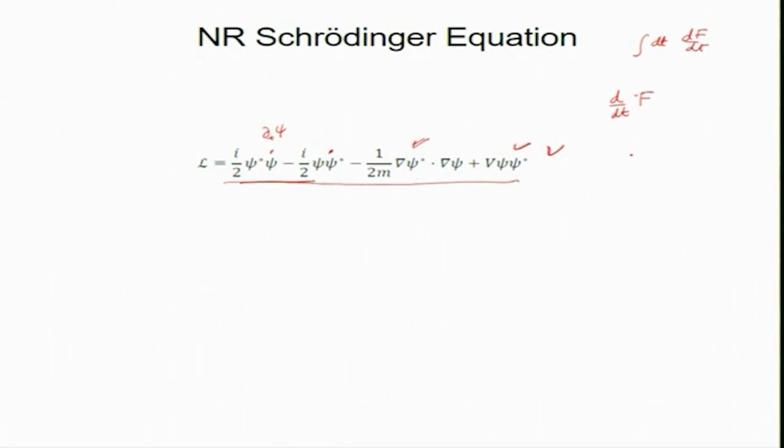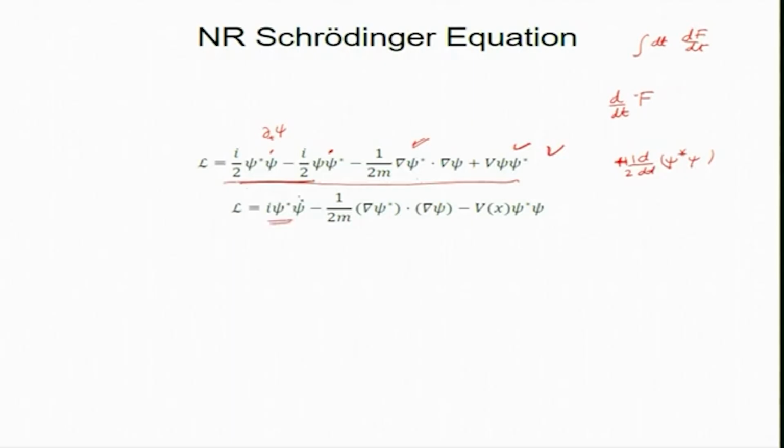So, here I can add, in fact subtract, d by dt of psi star psi. If I do that, put half here, one term will cancel, the psi star dot term, and the first term will get amplified: half plus half.